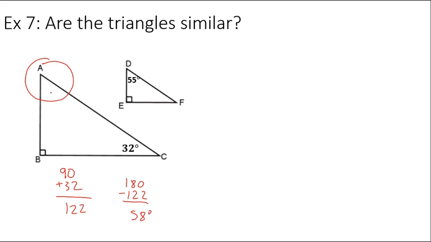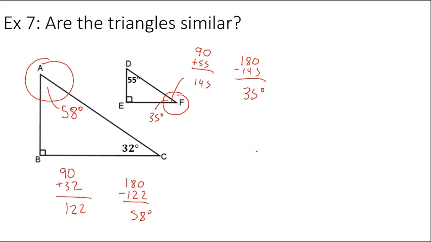So that means this angle right here is 58 degrees. And to find this one, I just take 90 plus 55. That gives me 145. And then 180 minus 145 gives me 35 degrees. So that means this angle here is 35 degrees.